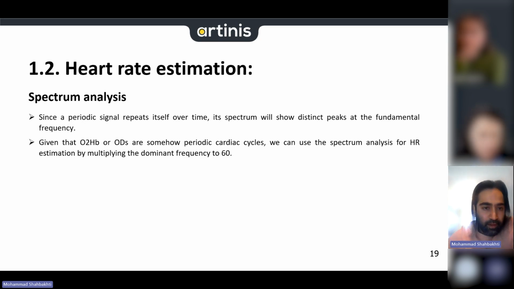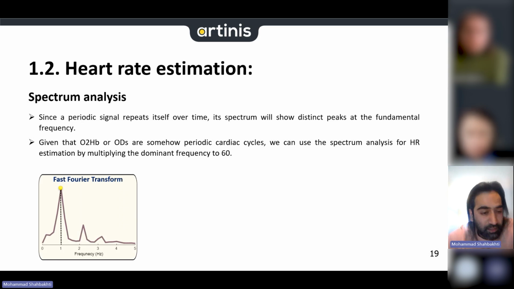For O2HP, I'm sorry, and ODs, because we have periodic cardiac cycles, we can use a spectrum of the O2HP or OD values, find the dominant frequency, and multiply it by 60 to get the value.